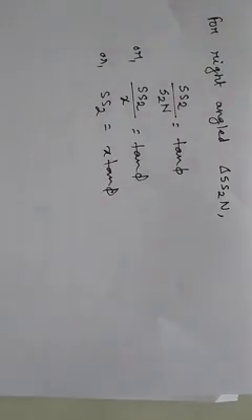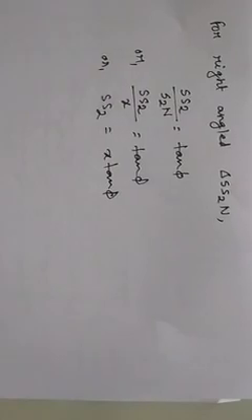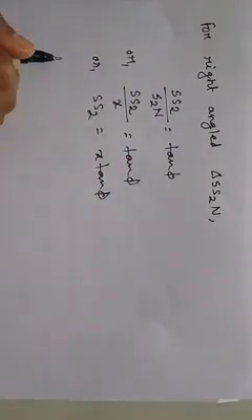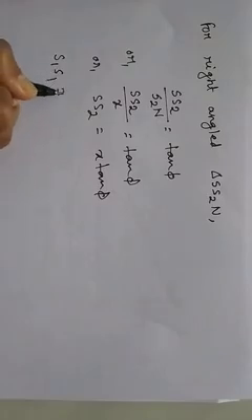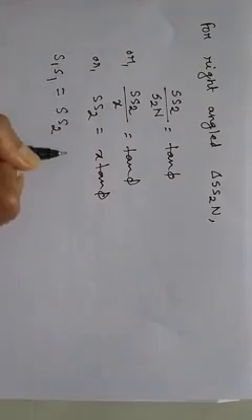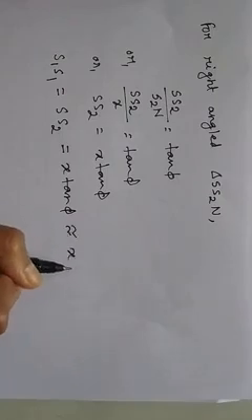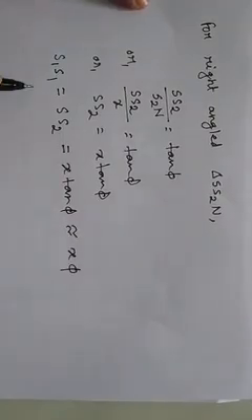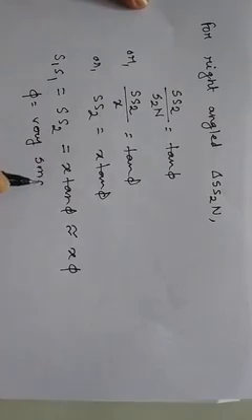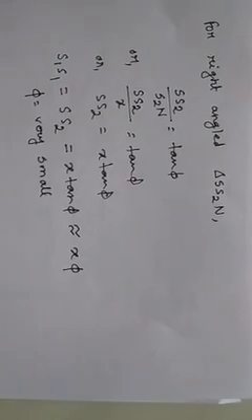Now, SS1 is equal to SS2 is equal to x tan phi, almost equal to x phi, because phi is very small. Because the angle of refraction alpha is very small, the angle of deviation will also be very small.